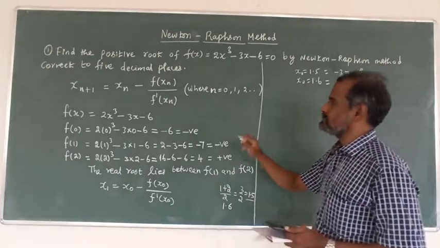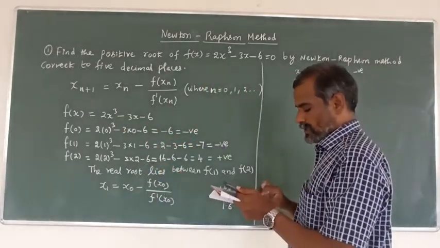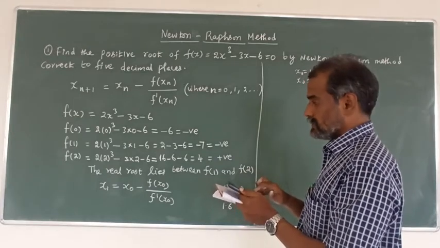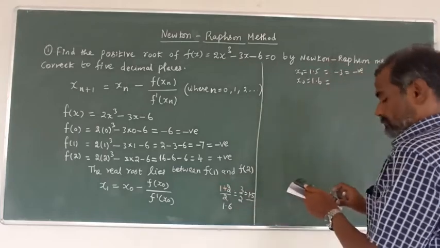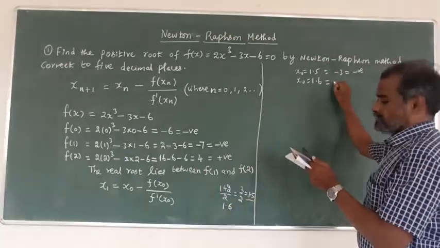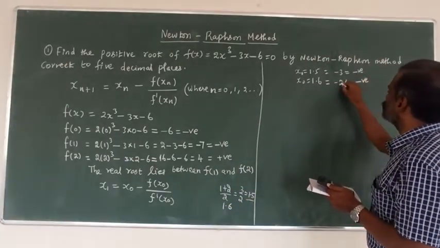Substituting 1.6 here, we get 2 into 1.6 cube minus 3 into 1.6 minus 6. Now we get minus 2.6, a negative value.